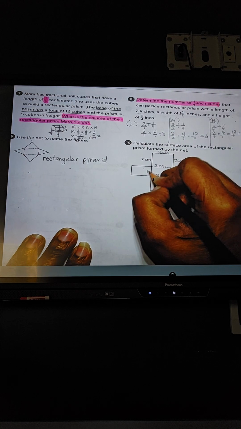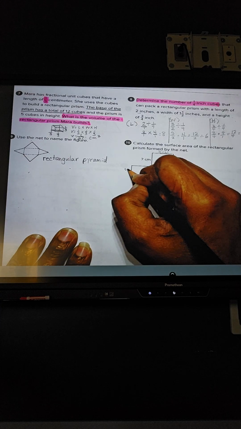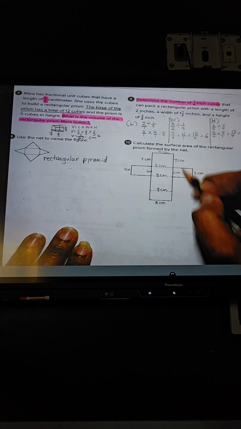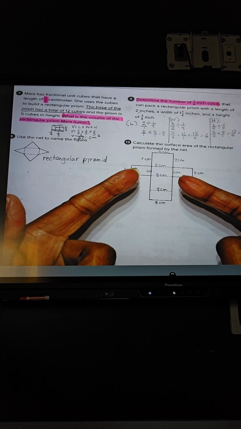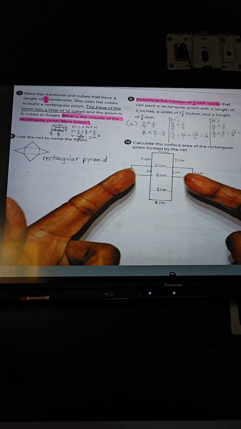5 centimeters. 5 centimeters. The only thing we don't have is these two sides. Okay, we don't have anything there, but I know if I'm building a box, let's say I'm folding these two ends upward, they're going to be the same size, because think about a box.